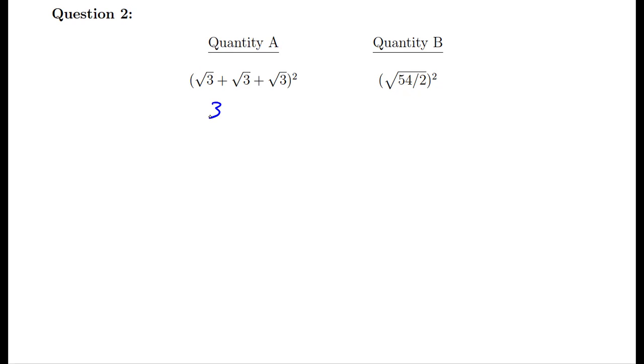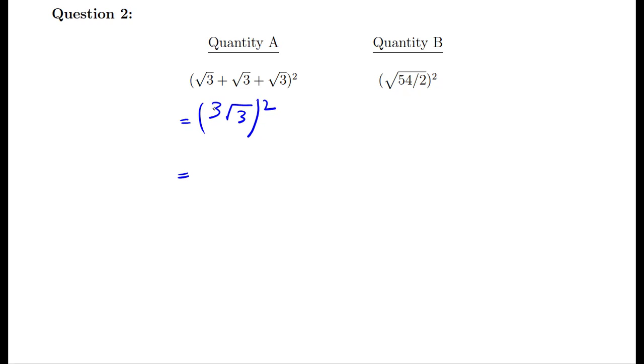So you have 3 square roots of 3, and this is multiplied by itself. It's squared. So you can multiply by itself, write 3 square root of 3, or you simply write that it's squared.